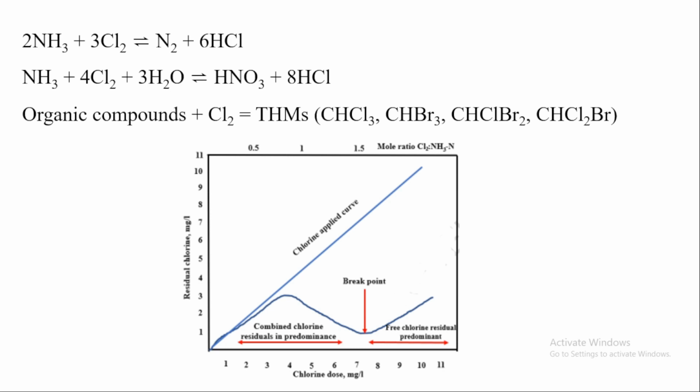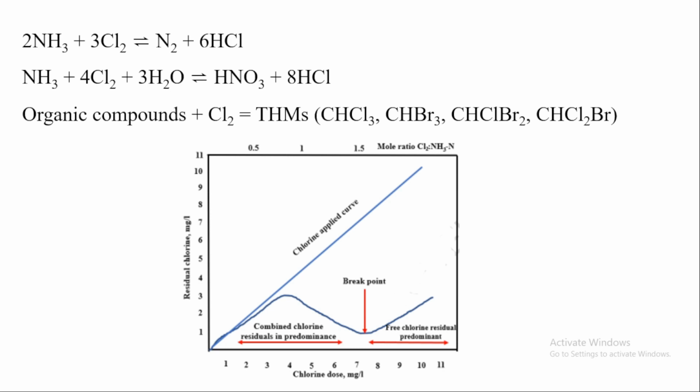So, initially there are combined chlorine residuals. What are combined chlorine residuals? Like these chloramines, these are combined chlorine residuals. Chlorine will react with the ammonia present in the water and form the combined chlorine residuals, and they will decrease after some time. Then, if we keep on increasing the chlorine dose, the free chlorine residuals will increase in number.